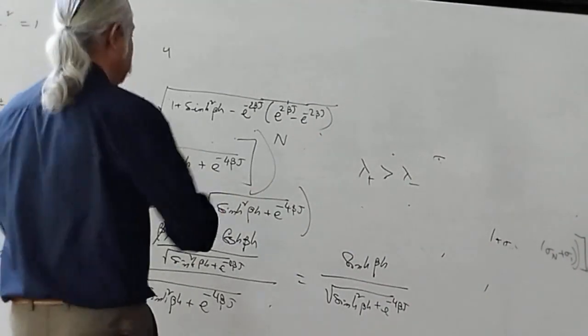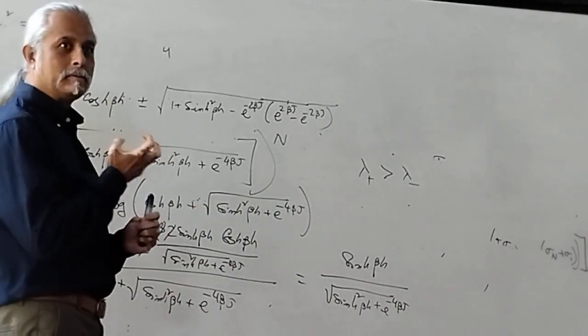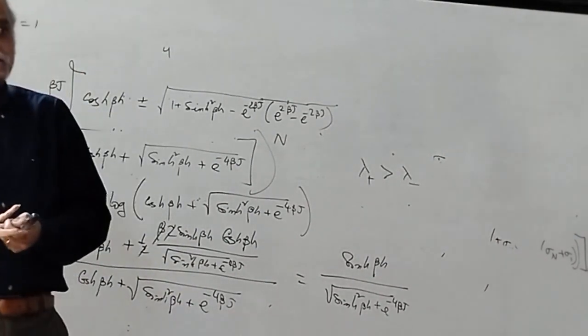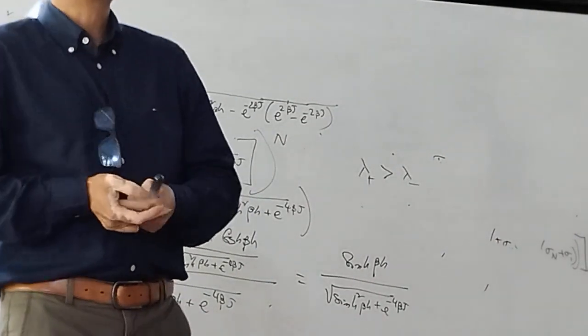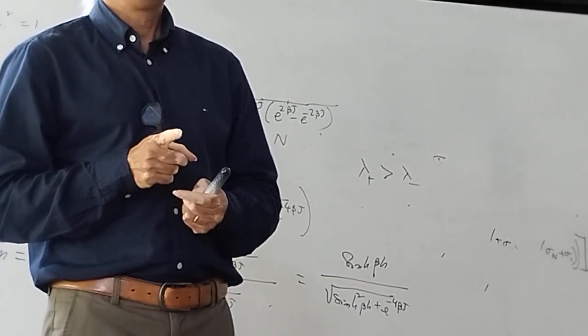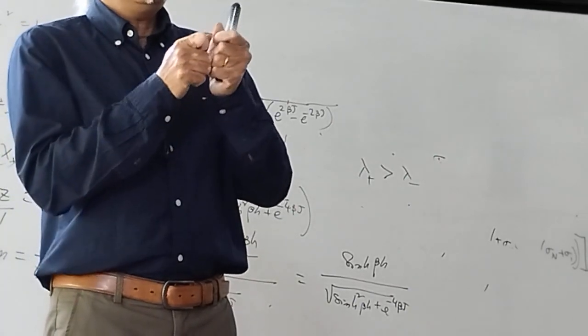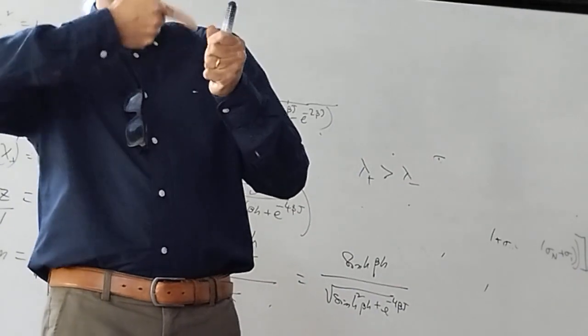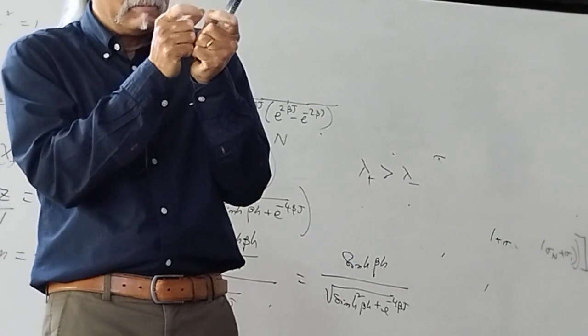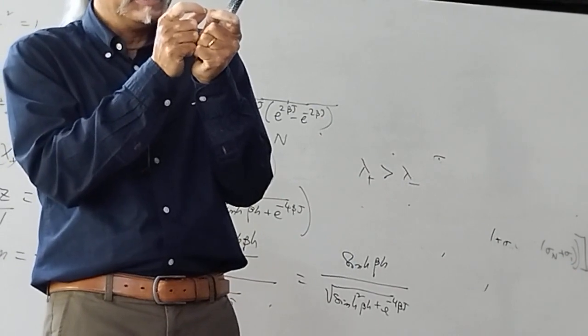Now is the time to make a conclusion. How do I conclude that there is no spontaneous magnetization? What does that mean? I initially apply a magnetic field, and then slowly, slowly reduce it. Why?